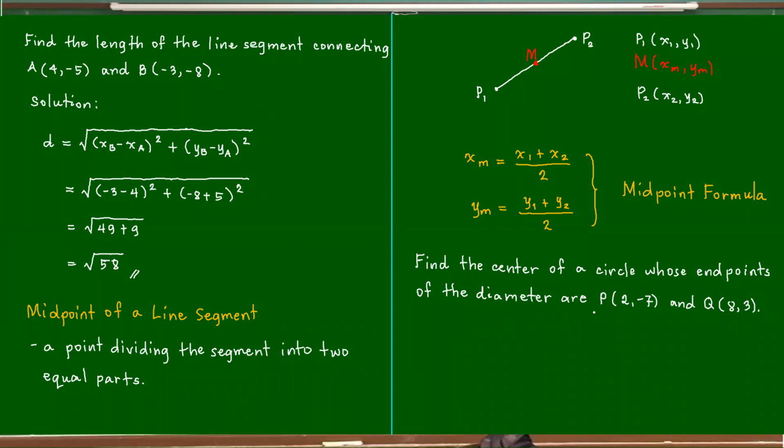So again, this can be easily solved, no? When you say center of a circle, having endpoints of the diameter, it means the center is the midpoint of the line segment connecting P and Q, no? And the line segment connecting P and Q is the diameter. Am I right, children?